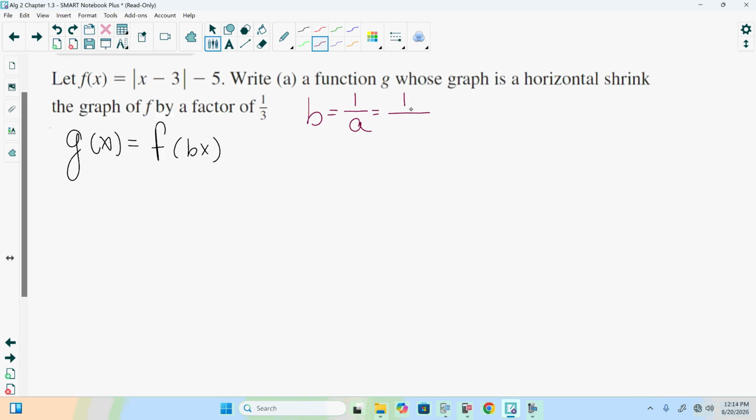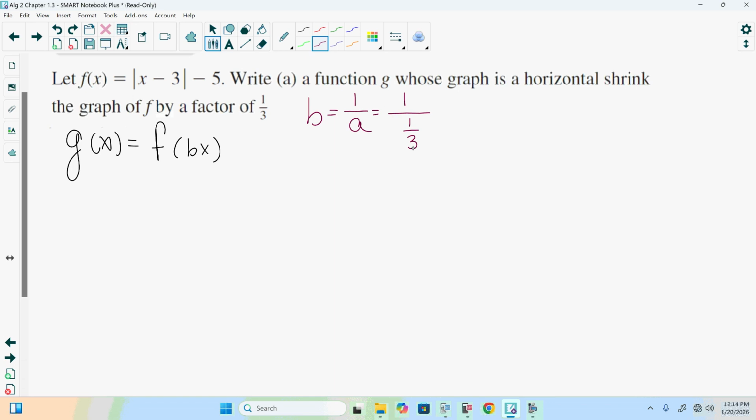What did they tell us our value of a is? Value of a is 1/3, yes? So really what our value of b is, 1 over 1/3.